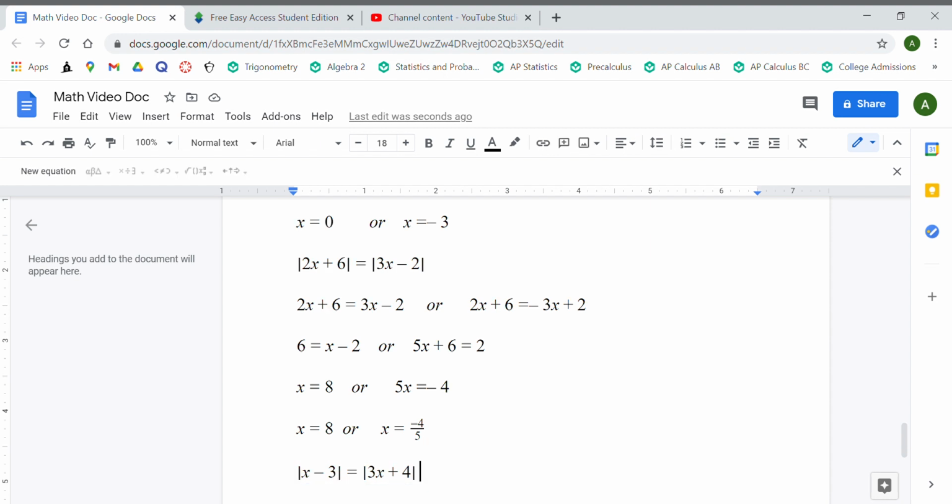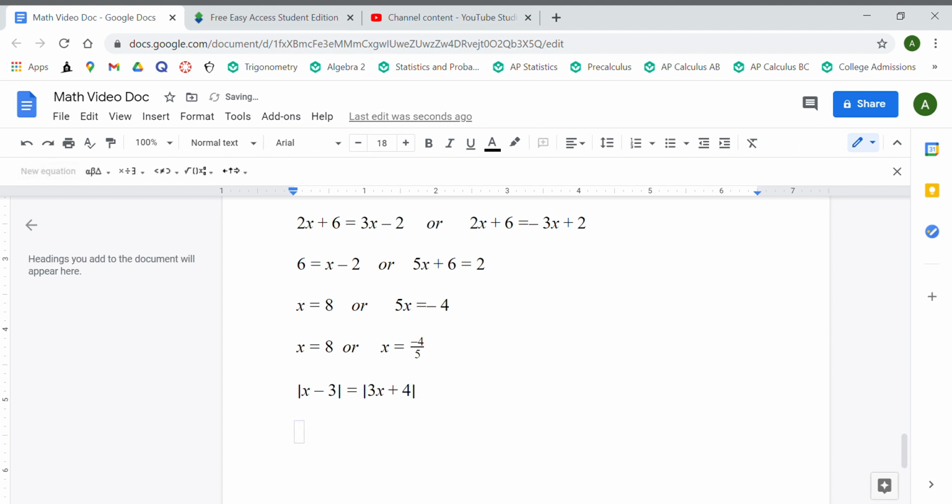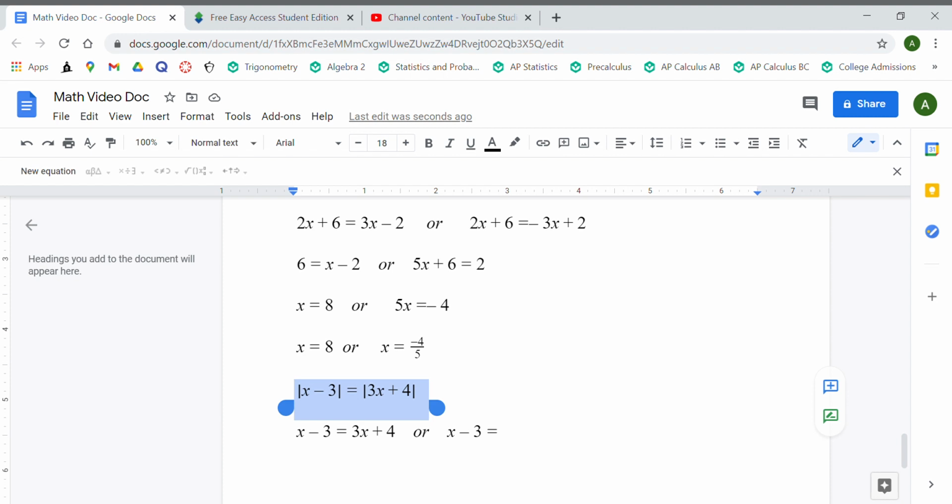Okay, let's try this out. So, for this first equation, we're going to have x minus 3 equals 3x plus 4. And on the other side of the equation, we should have x minus 3 equals, multiply everything in here by negative 1, so we should have negative 3x minus 4.